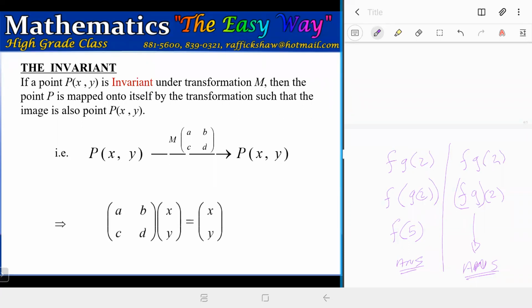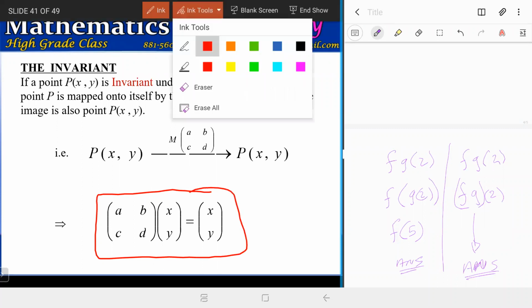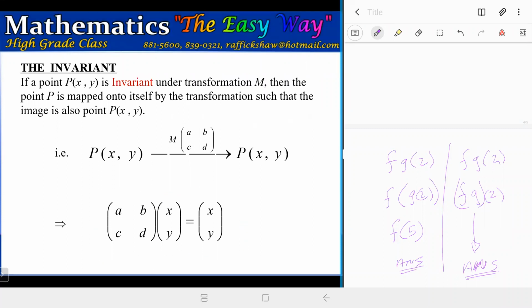The matrix times (x, y) will still be equal to (x, y). So if they ask you to calculate an invariant point for a matrix, you have to set up this equation and solve it. Only one time I see CSEC do that over the years.